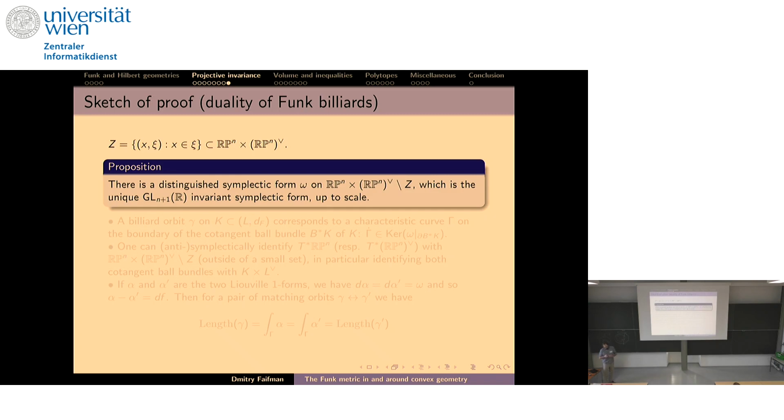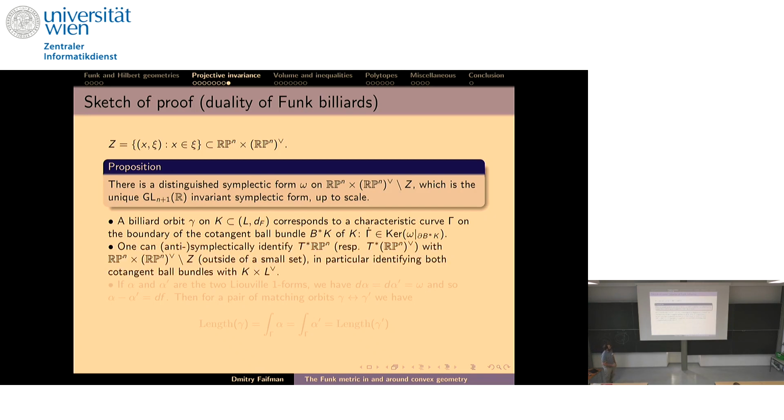And billiard orbits are related to the symplectic form, of course. So a billiard orbit corresponds to a characteristic curve, a curve such that its velocity vector lies in the kernel of the symplectic form restricted to the boundary of the Colbois bundle.